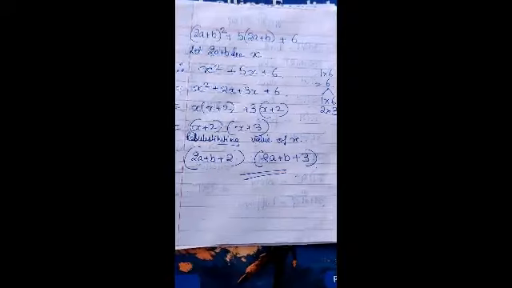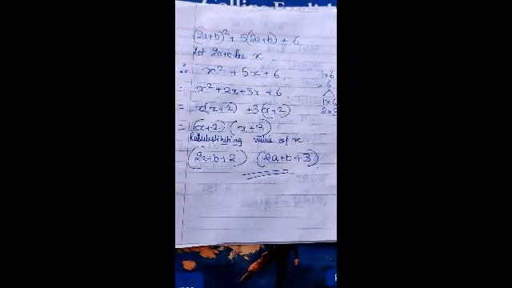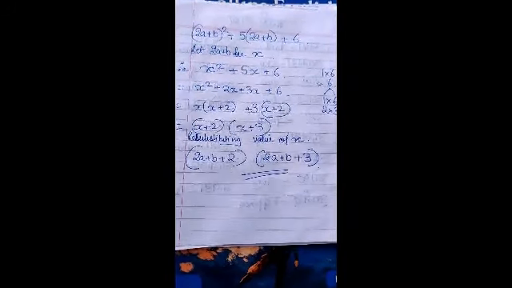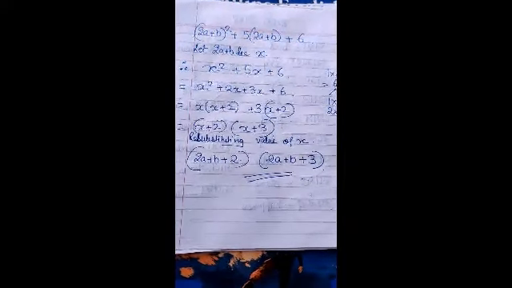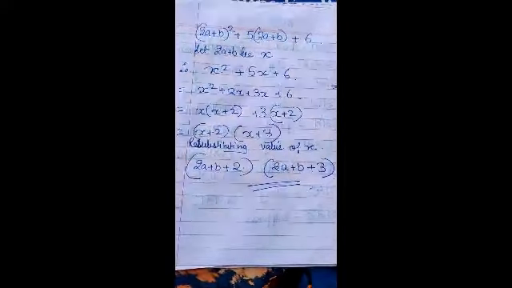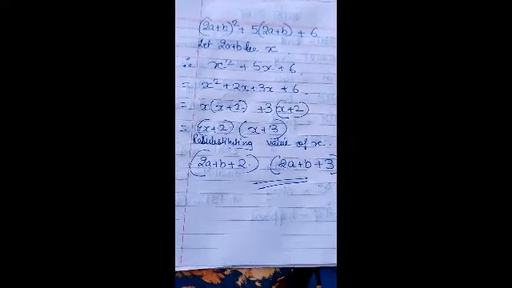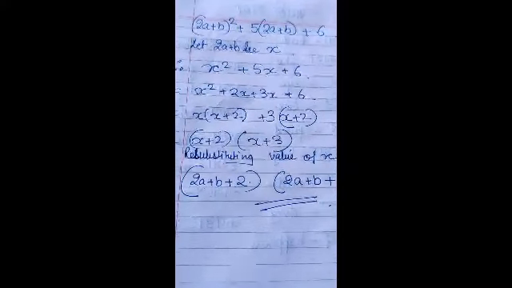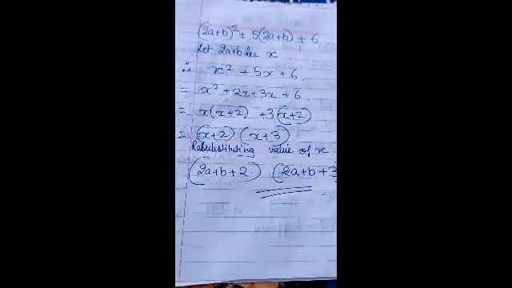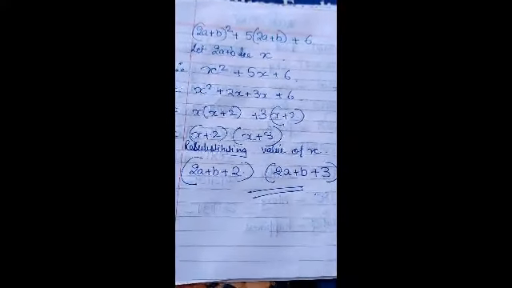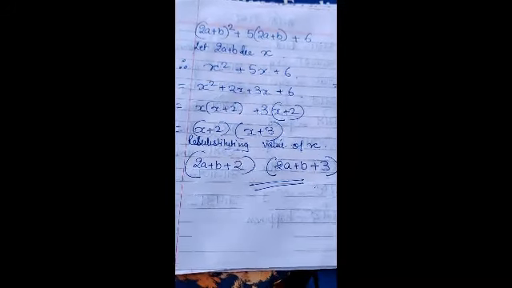We have 2a plus b whole square plus 5 into 2a plus b plus 6. So we have 2a plus b, which we can use as x. So we'll say let 2a plus b be x. So our new expression or trinomial will be x square plus 5x plus 6.